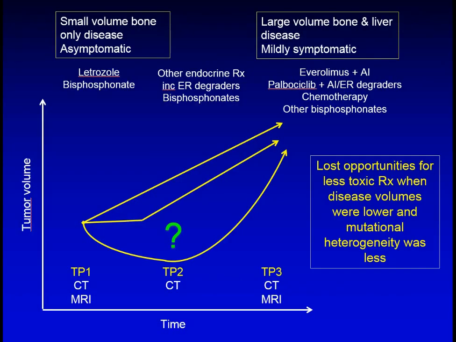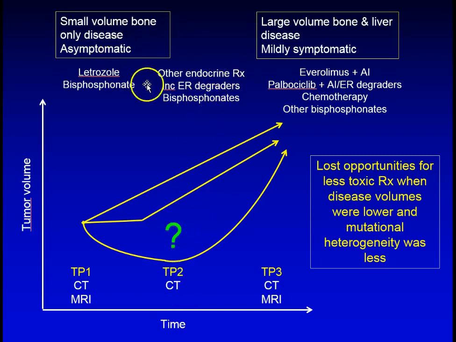So in terms of this particular patient, we started off with small volume disease. The patient was asymptomatic. Now we have large volume disease, we have liver disease, and the patient is now, in fact, mildly symptomatic. So, because of the CT alone that was done at the mid-time point, we don't know whether the patient was progressing, whether the patient was stable, or whether the patient had responded.